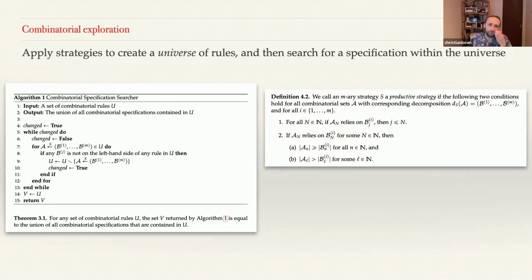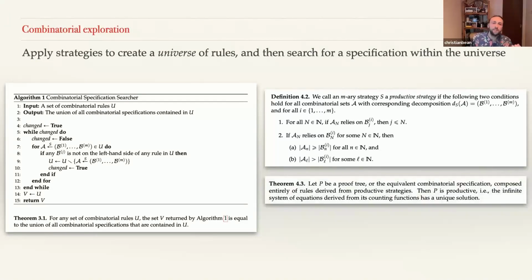That's great, but we want to ensure that any specification we get is actually useful, by which I mean I want to know that it actually will tell me how to count the combinatorial set of interest. And so that's where we had to start developing this theory of productivity, which I'm going to come back to a little bit shortly if time permits.